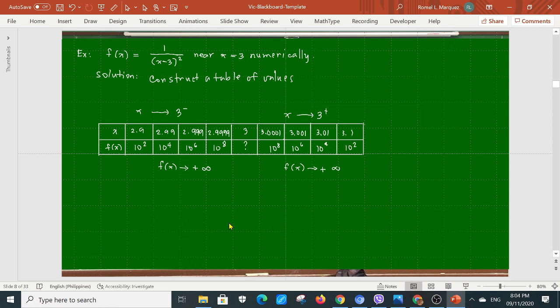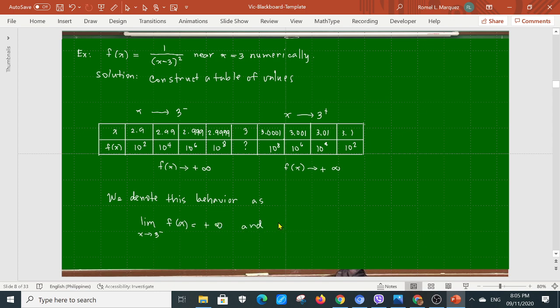So we denote this behavior. From the left, we have the limit as x approaches 3 from the left of f of x, which is positive infinity.